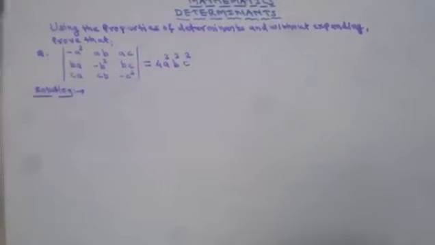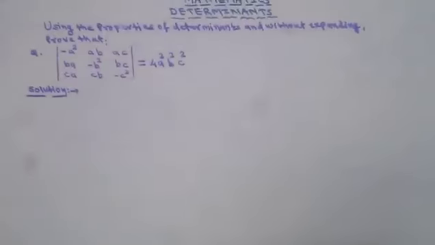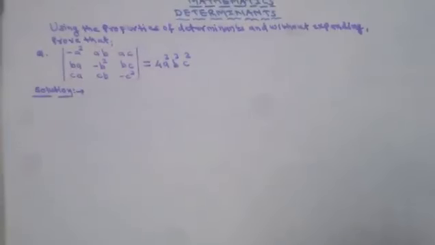Using the properties of determinants and without expanding, prove that the determinant of minus a square, ab, ac; ba, minus b square, bc; ca, cb, minus c square, is equal to 4a square b square c square. Just look at this determinant.